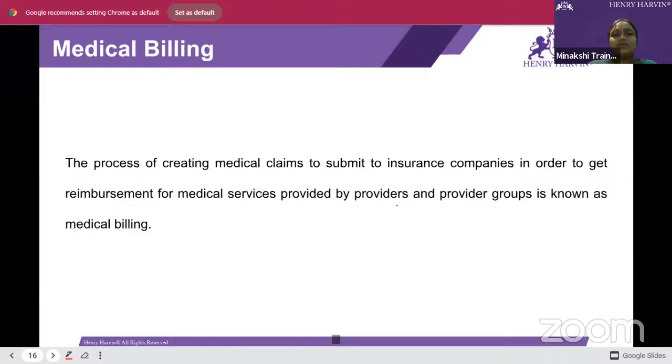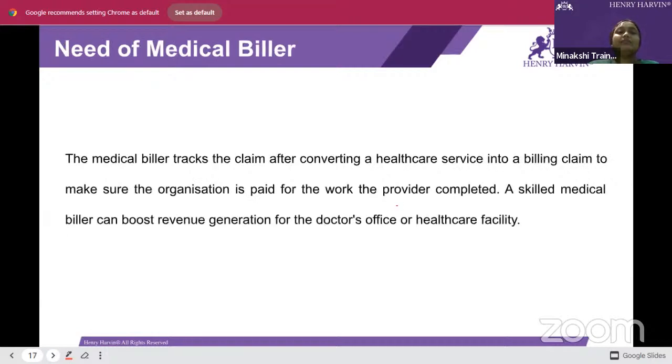The process of creating a medical claim to submit to the insurance company, in order to get reimbursement for the medical services provided by the provider, is known as medical billing. So why do we need a biller?